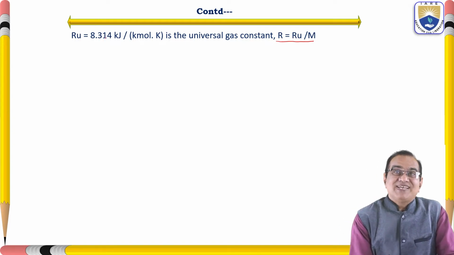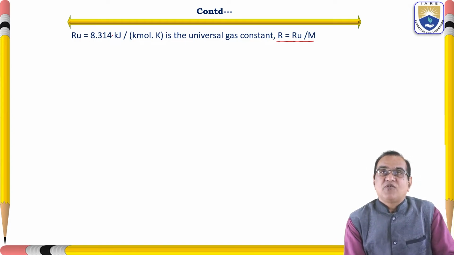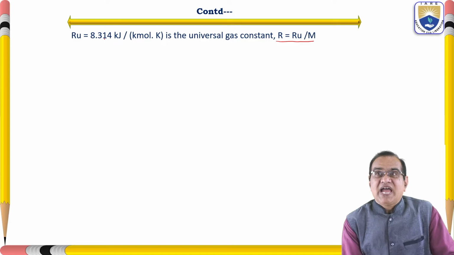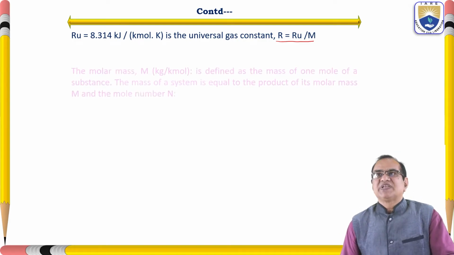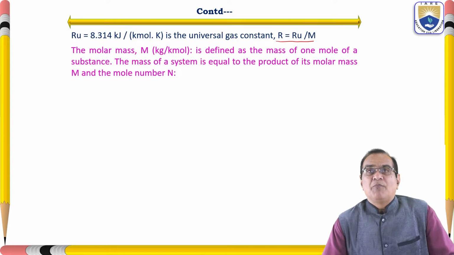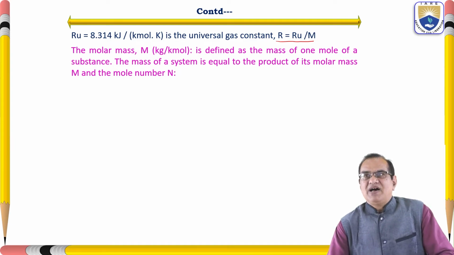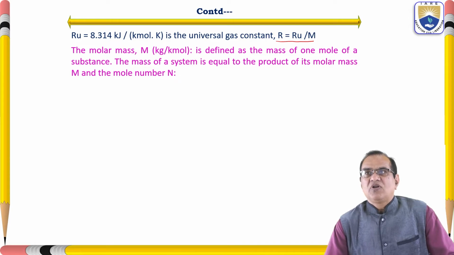But Ru will always be the same, 8.314. We have to remember it, and it is divided by the molecular mass of any gas. The molar mass or molecular mass M, in kg per kilomole, is defined as the mass of 1 mole of a substance.